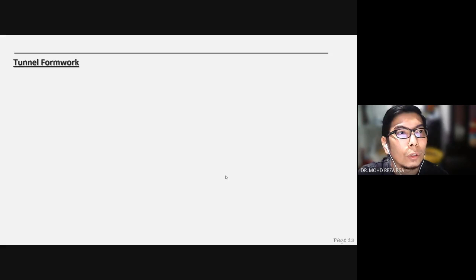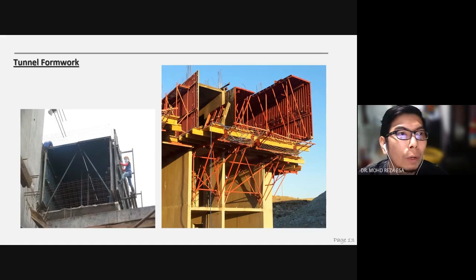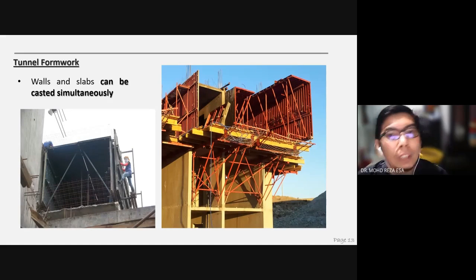Alright, so beside wall formwork, we also have what we call a tunnel formwork. Apa beza dia? Nanti kita tengok. So this is what we call a tunnel formwork. When you use tunnel formwork, you can do the concreting work for wall and also slab simultaneously, maksudnya serentak.